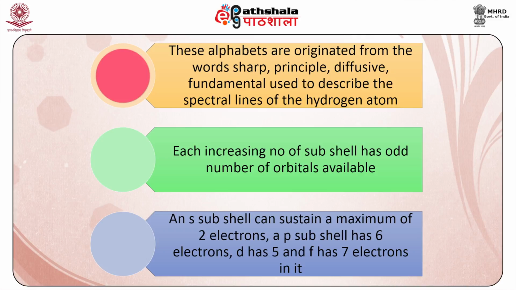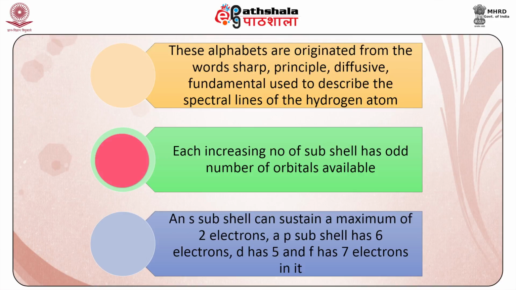These small alphabets originated from the words sharp, principal, diffuse, fundamental, used to describe the spectral lines of the hydrogen atom. Each increasing subshell has an odd number of orbitals available.